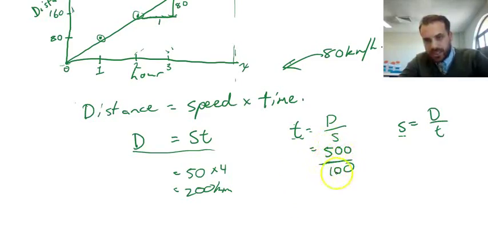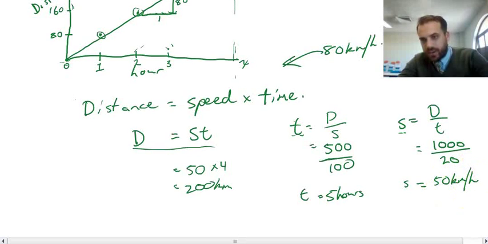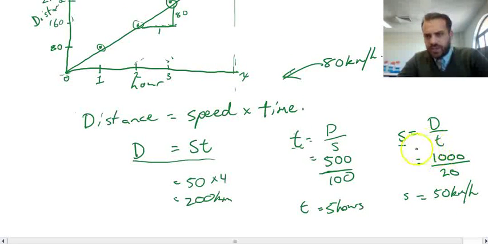So that's my distance, that's my speed. The time it will take will be 5 hours. And let's say I traveled 1,000 kilometers and it took me 20 hours. So distance, 1,000 kilometers, time, 20 hours. The speed that you would have been traveling at is 50 kilometers per hour.